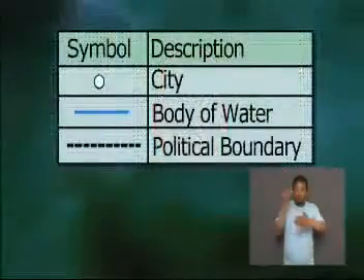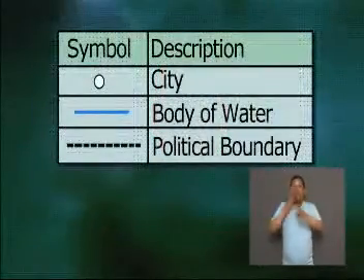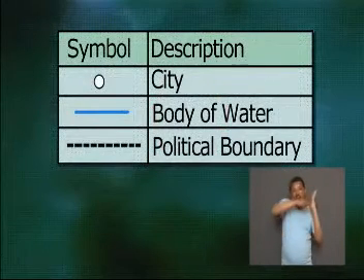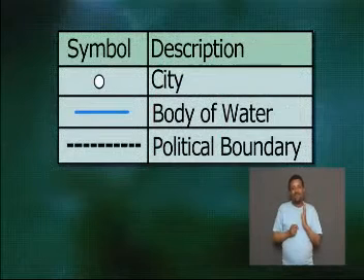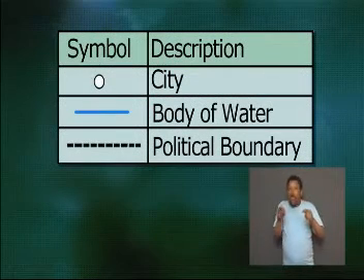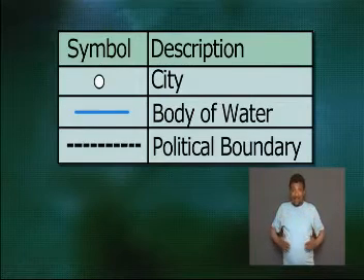Let us see some examples of the conventional signs and symbols which are employed in maps all over the world. A city or town is denoted by a dot or a patch of shading. A stream or body of water is usually printed in blue.